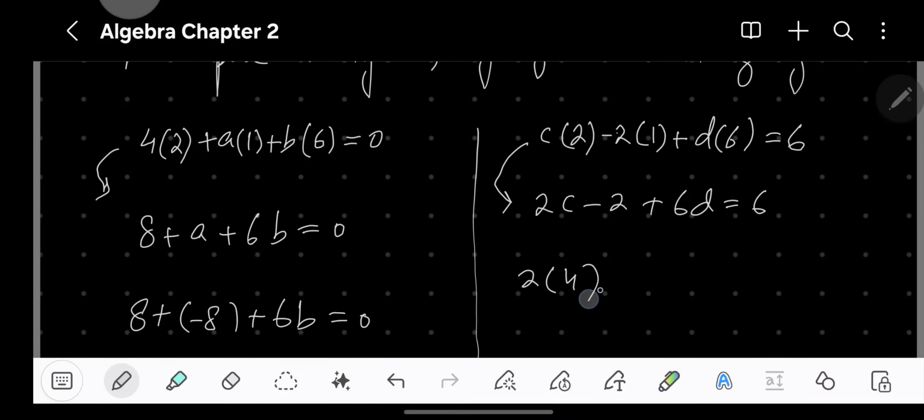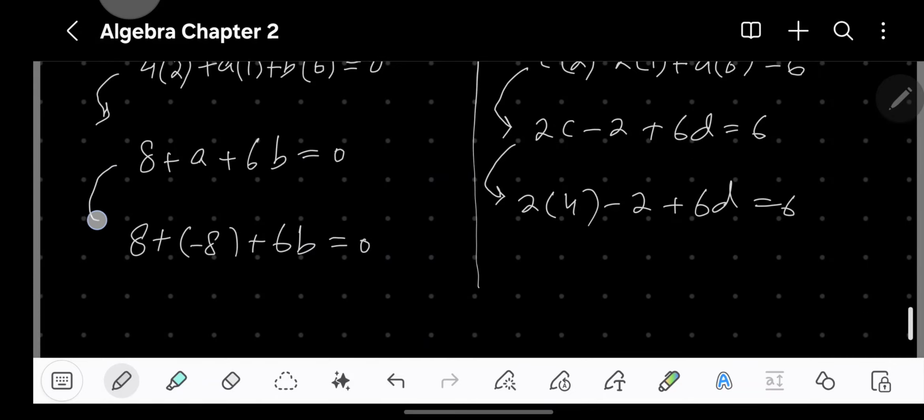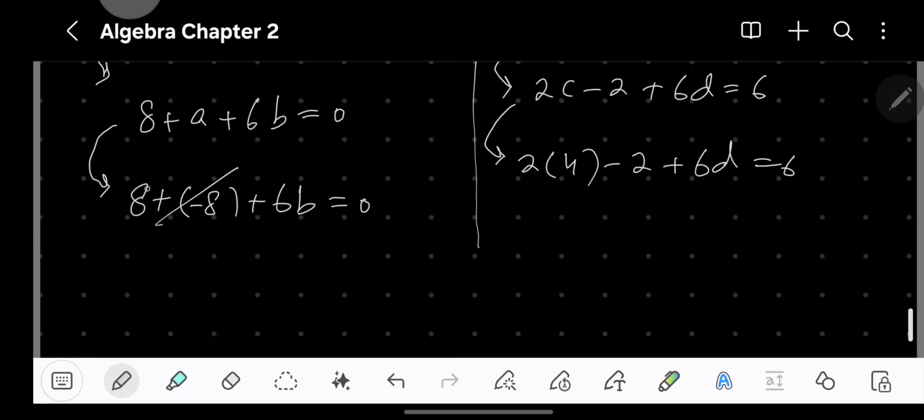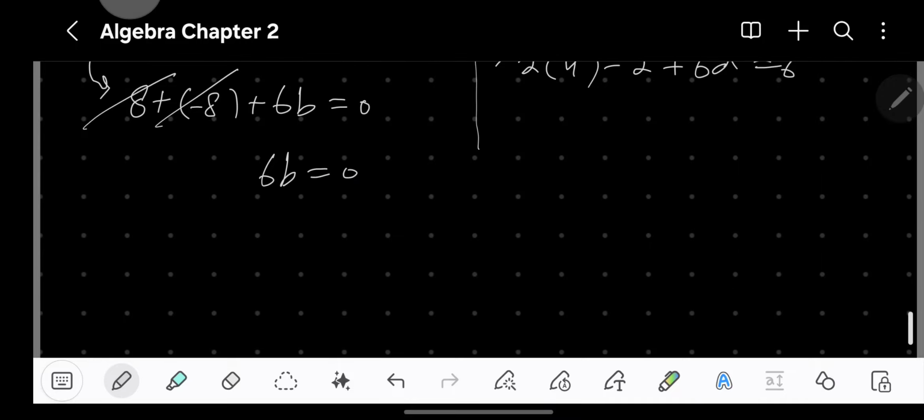So 2 times 4 minus 2 plus 6d is 6. From here I get this equation, and from here I get this equation. Now you can check 8 and -8 are cancelled. I got 6b is 0. If I divide both sides by 6, I will get b is equal to 0, because 0 by 6 is 0. So there is no change.